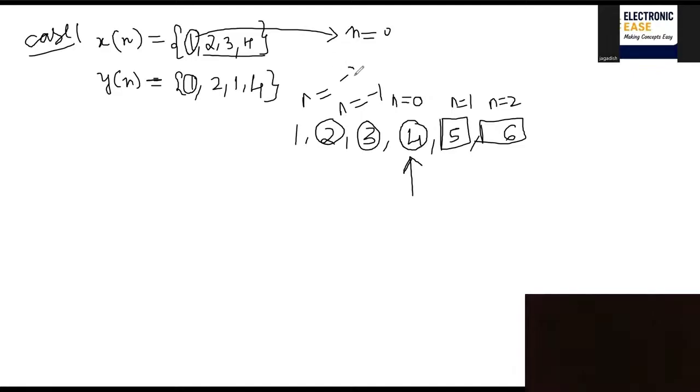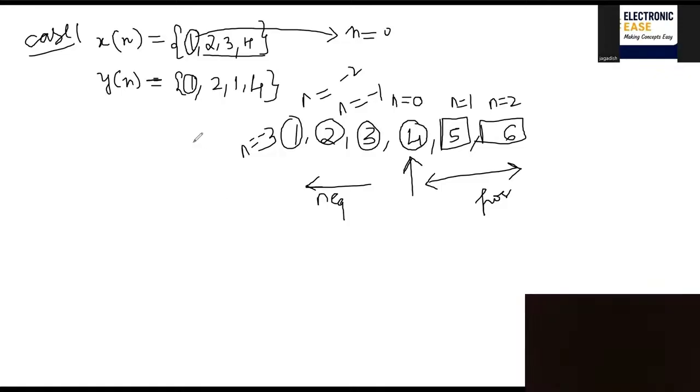Towards the right of the arrow mark, n is positive. Towards the left, it will be negative values of n. You should know how to solve the problems also.